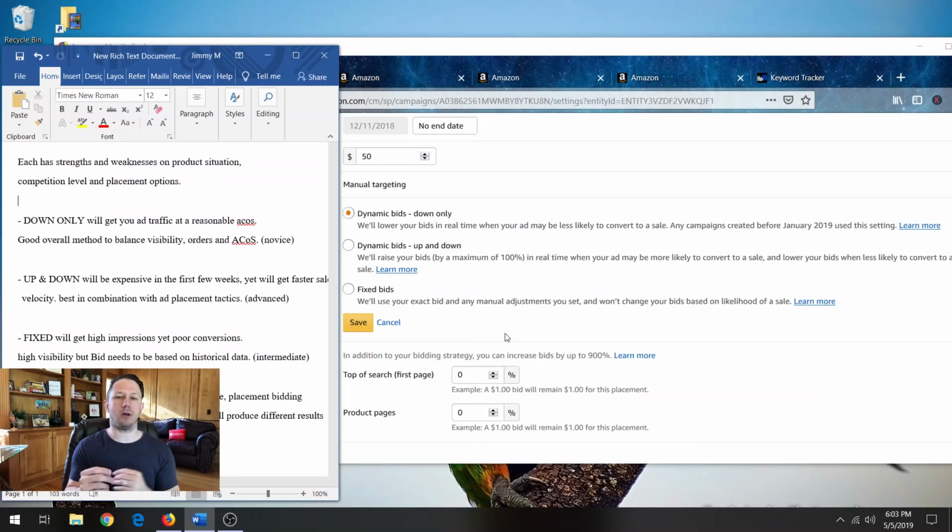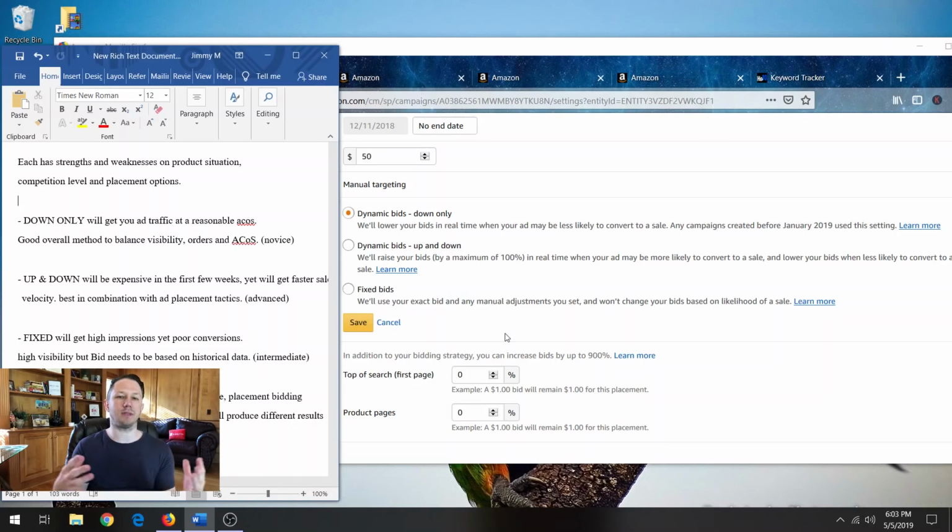And again, keep a close eye on it when you test it because they can double your bid at any given time, okay? And it's per person. What I have noticed with dynamic up and down or dynamic down is that one of the features in their algorithm depends on if somebody's logged into their account, okay?